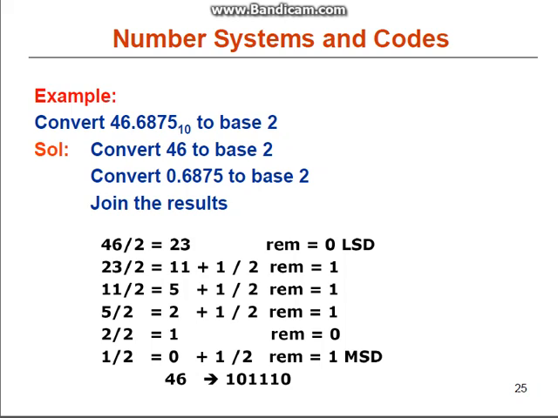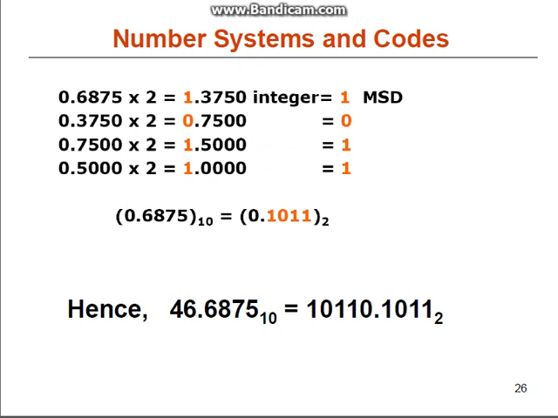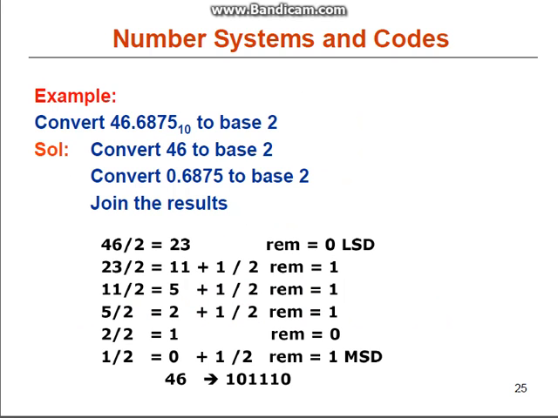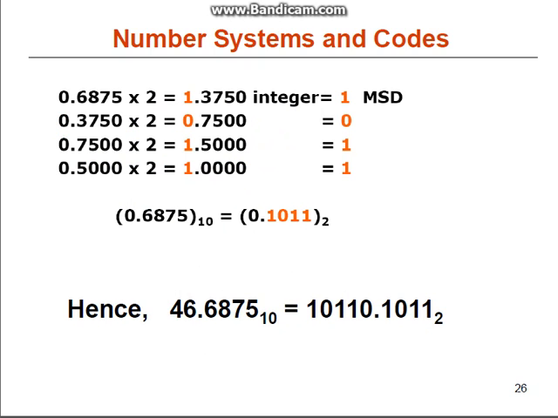But when it comes to the fraction, the point form over here, things are a little bit different. How so? You take this 0.6875, and instead of dividing, for a point form or a fraction, you times it by 2.